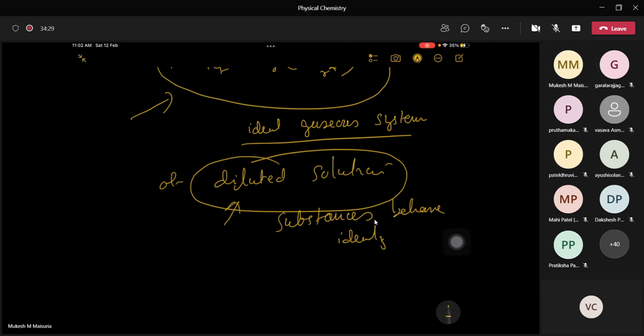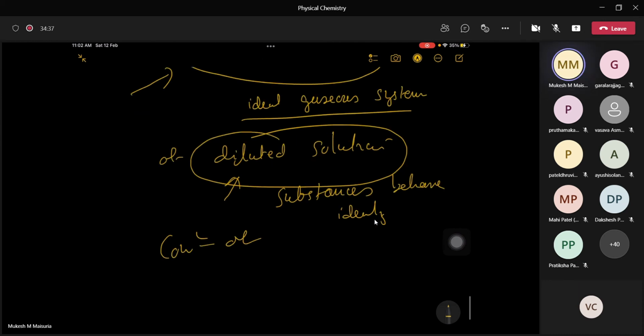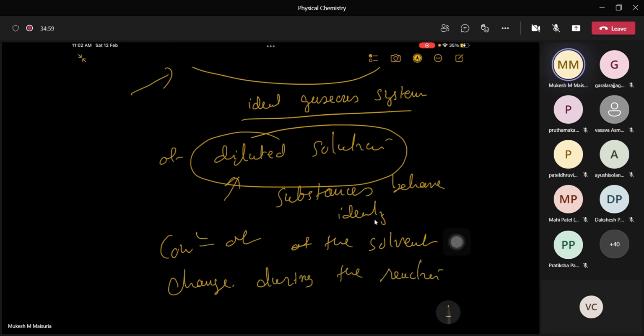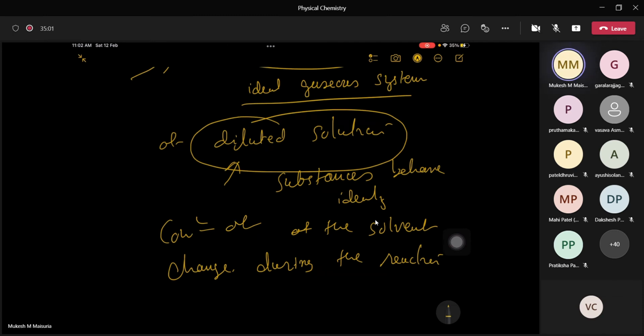But what happens if the concentration of the solvent changes during the reaction?